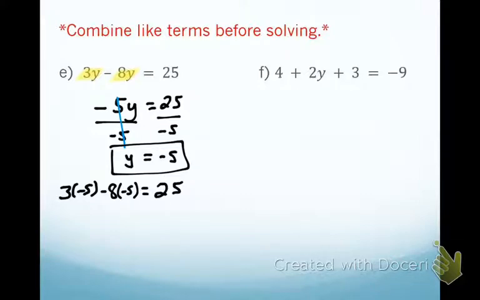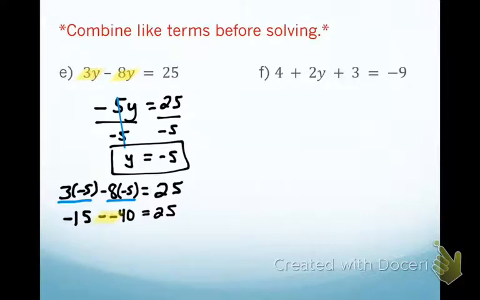Now we're just going to work from left to right. So this first one right here, what is 3 times negative 5? Negative 15. Drop down your minus sign. And the next one here says 8 times negative 5. What is that, class? Negative 40 equals 25. Do you guys remember what it's called when you have two negatives side by side?